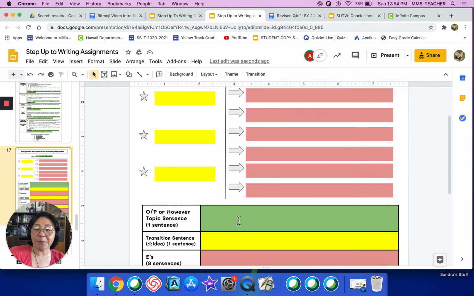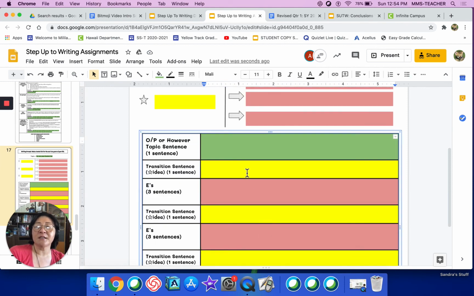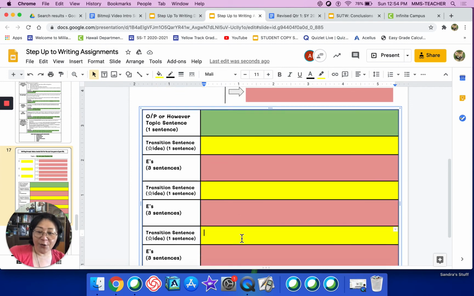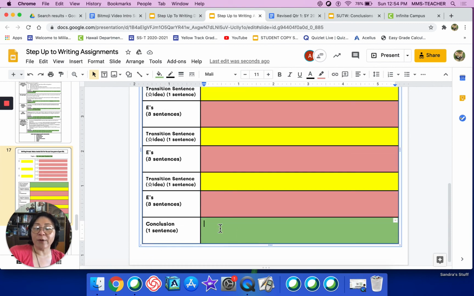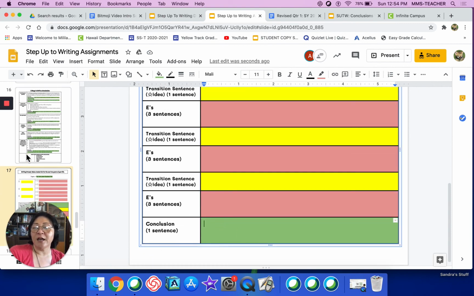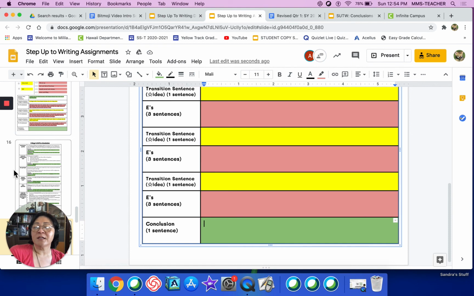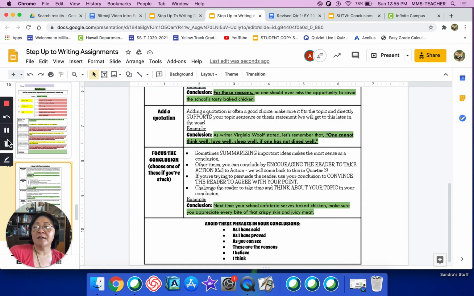And then you will copy your topic sentence, and then your transition and your E's, and then your second star idea with transition and E's, and then your third star idea with transition and E's, and then you will write your conclusion. And you will use slide 16 and slide 15. I paused it on accident, sorry. Slide 15 to help you.